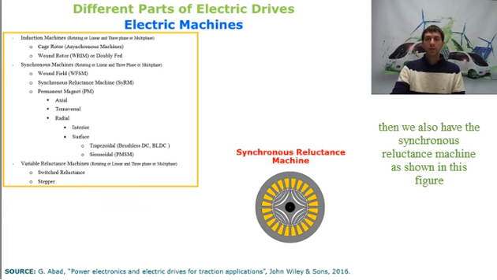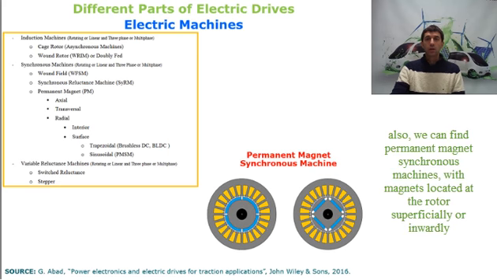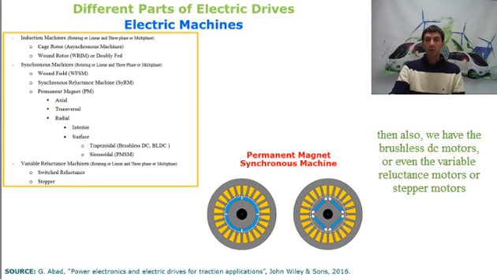Then we also have the synchronous reluctance machine, as shown in this figure. And also we can find permanent magnet synchronous machines with magnets located at the rotor superficially or inwardly. Then also we have the brushless DC motor, or even the variable reluctance motor or stepper motors.